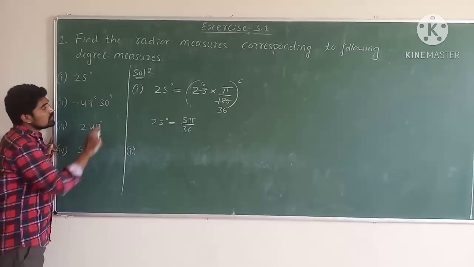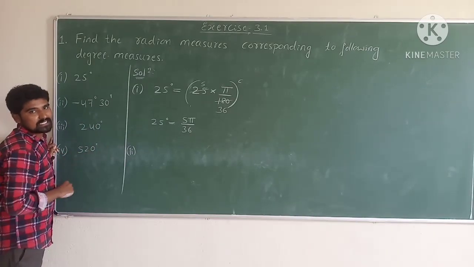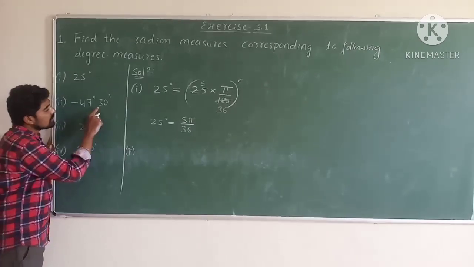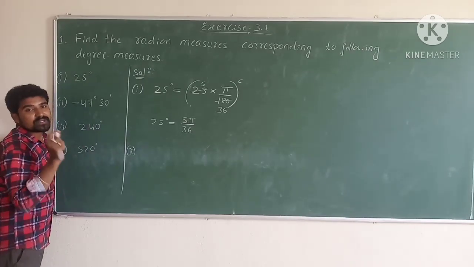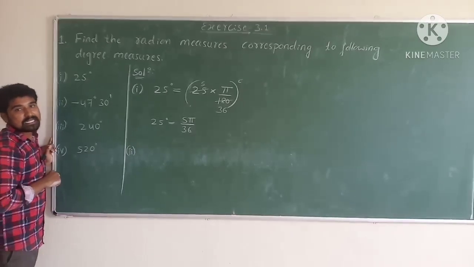So for that, to convert these 30 minutes in terms of degree, what should we do? 30 minutes divided by 60 converts it into degree measure.